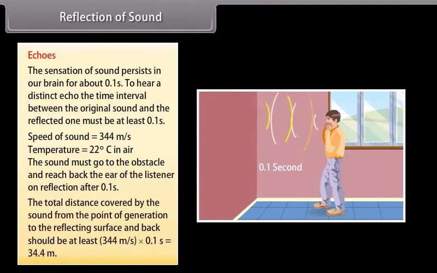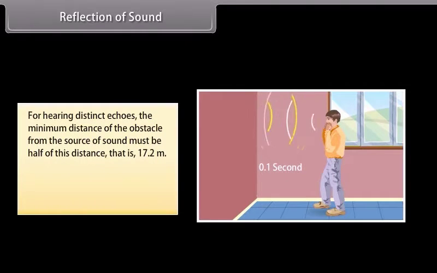Hence, the total distance covered by the sound from the point of generation to the reflecting surface and back should be at least 344 meters per second into 0.1 second is equal to 34.4 meters.